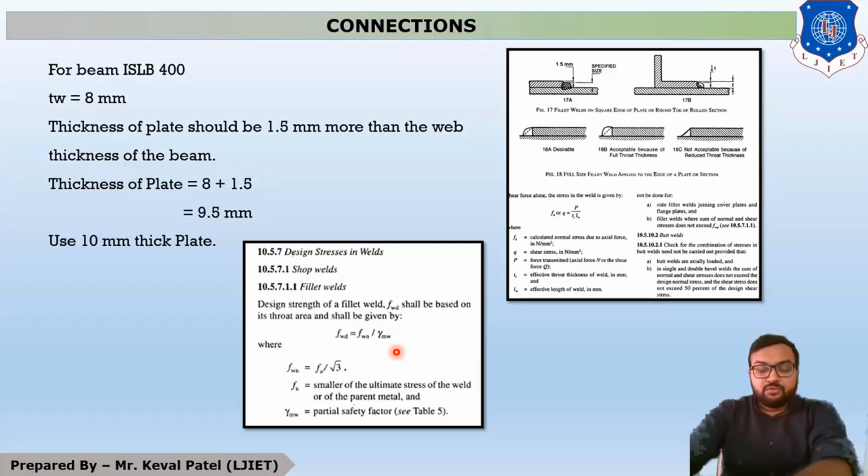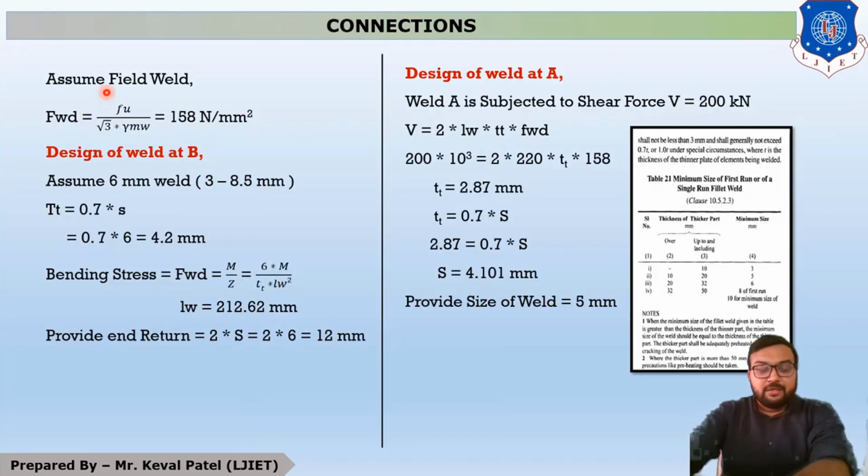Okay, so if we put both the values, then the value for shop welding is 189 newton per mm square and for field welding it is 158 newton per mm square. It means if we provide a 1 mm weld, then it can resist this load.